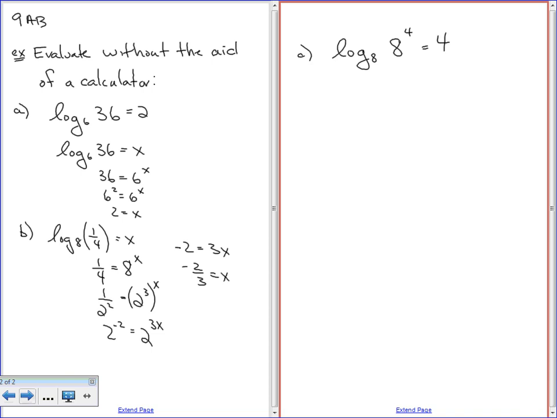So we're going to make a generalization that if I have the log of a to any exponent to the base a, then the answer to that is going to be what? x. The next one is a little bit harder to see, but I'm going to write down a logarithmic expression.